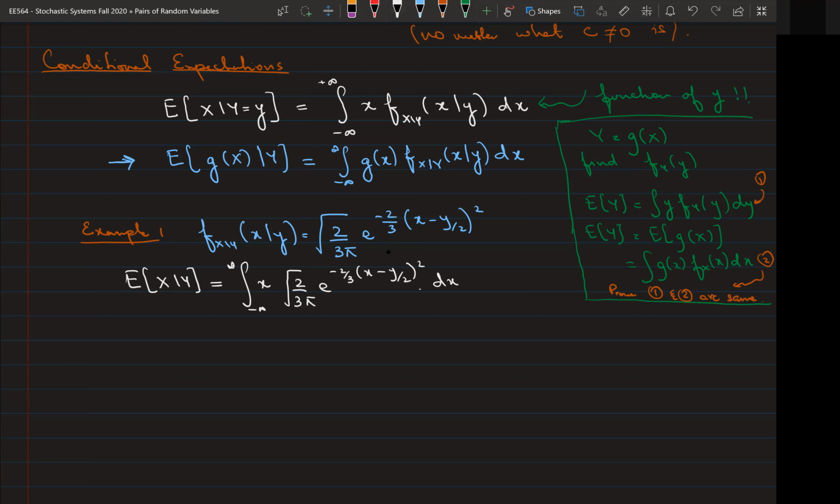Sir, Gaussian. Gaussian, okay, good. It's Gaussian, so what is its mean? Y over 2. Exactly. Is Gaussian with a mean equal to y over 2.